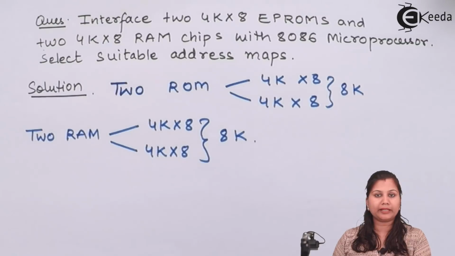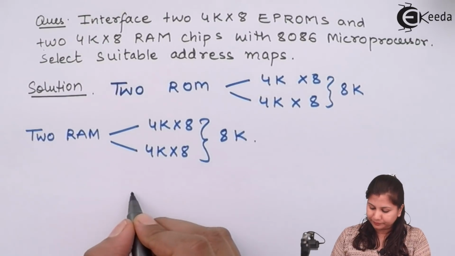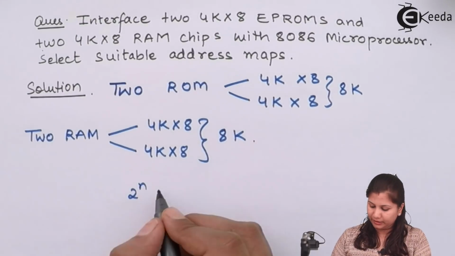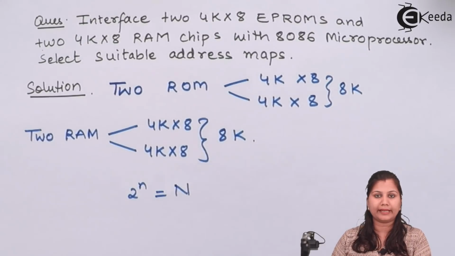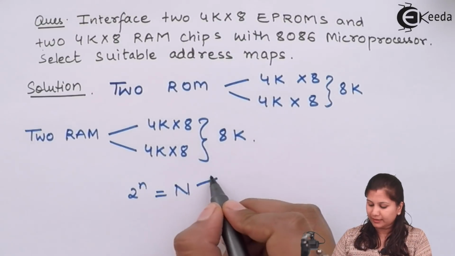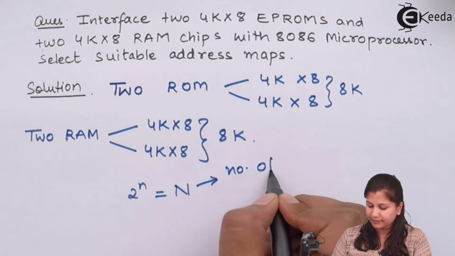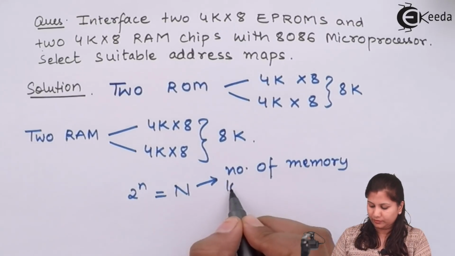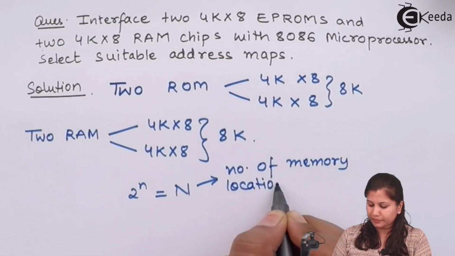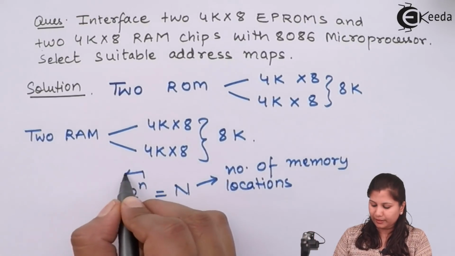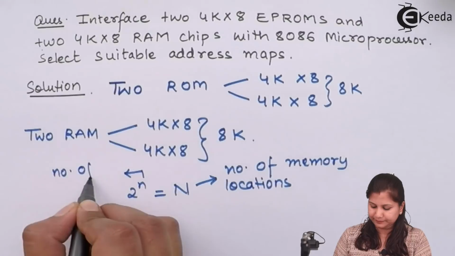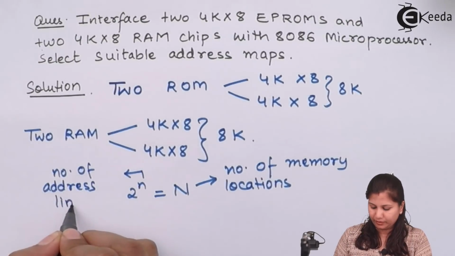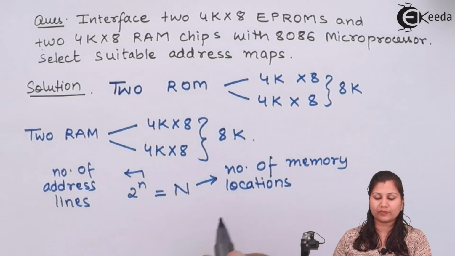We can calculate by using the formula 2 raised to the power n equals to capital N, where N is the number of memory locations in the memory chip, and n is the number of address lines. Now number of memory locations we can calculate.